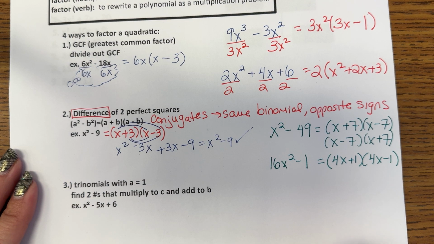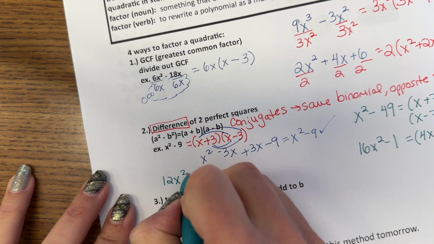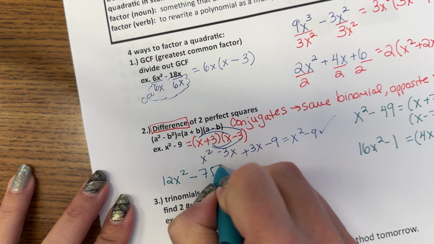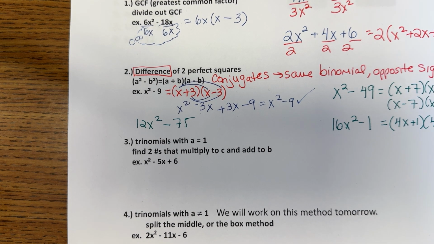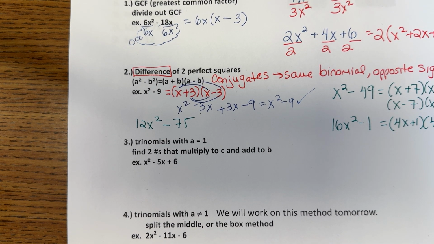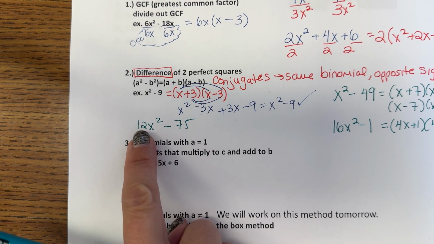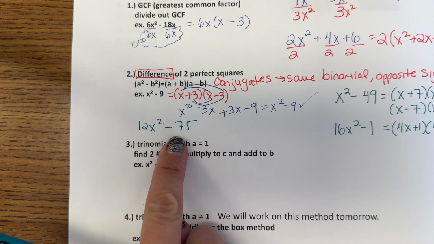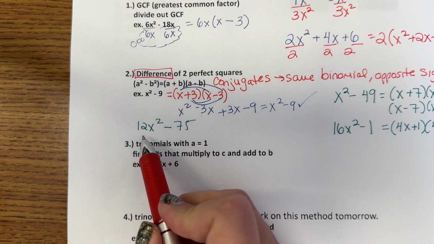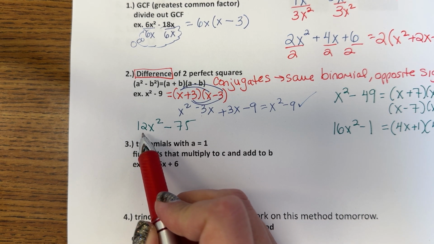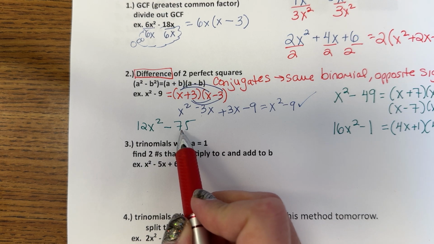All right, one more. Let's do 12x squared minus 75. Wait a minute. What times itself is 12? Nothing. So is there a greatest common factor that we can divide out of both of these? I know 12 divides by 3. Oh, 75 divides by 3 as well.